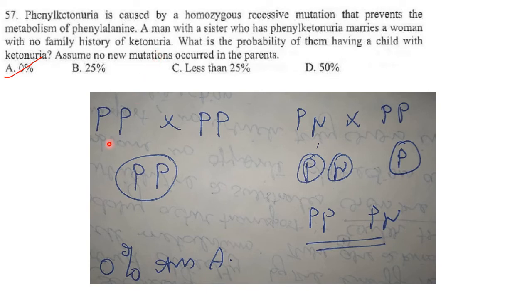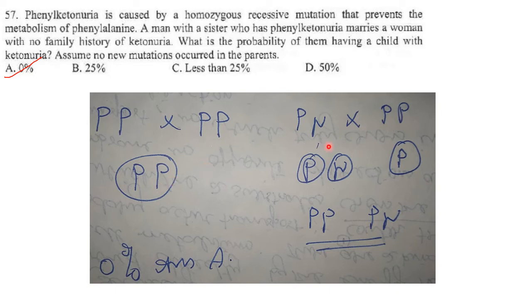So he will be capital P and the woman will be capital P. So they will get all offspring as capital P, that is, without phenylketonuria.